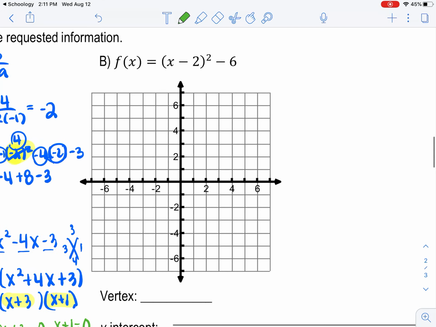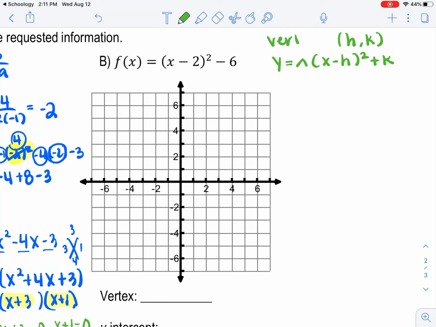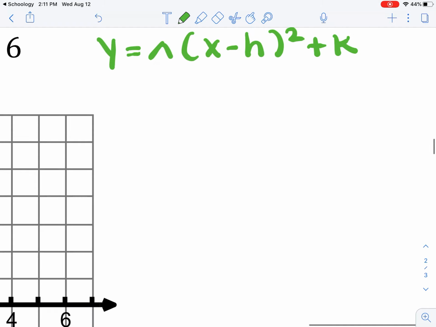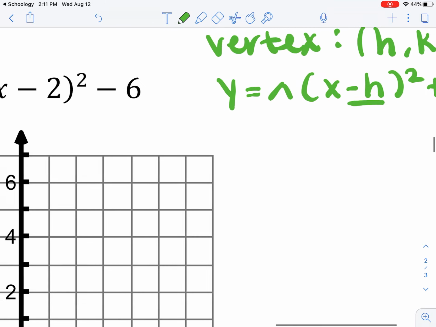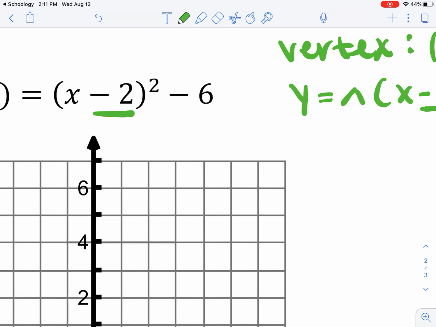Okay, next one. Vertex form. Vertex form is in the form y equals a times x minus h squared plus k, where (h, k) is your vertex. So notice right here in the equation, once again, it's a negative, so you're going to take the opposite of whatever's in there.